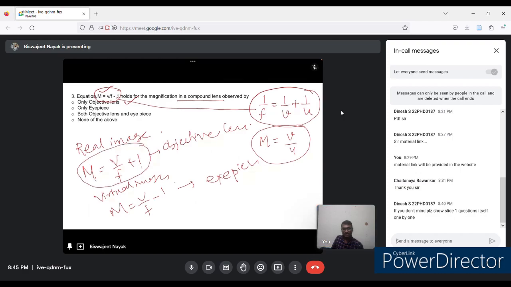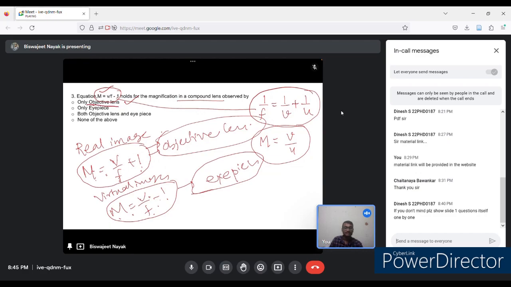So m = v/f + 1 is given for the objective lens, and m = v/f - 1 is given for the eyepiece lens. These are the magnifications for the eyepiece lens and objective lens. So according to this question, it should be only the magnification for the objective lens.